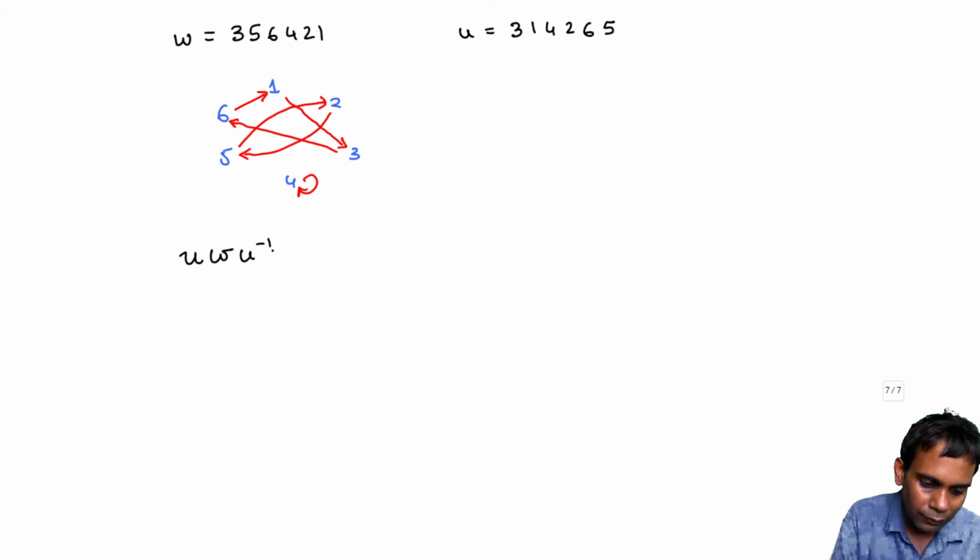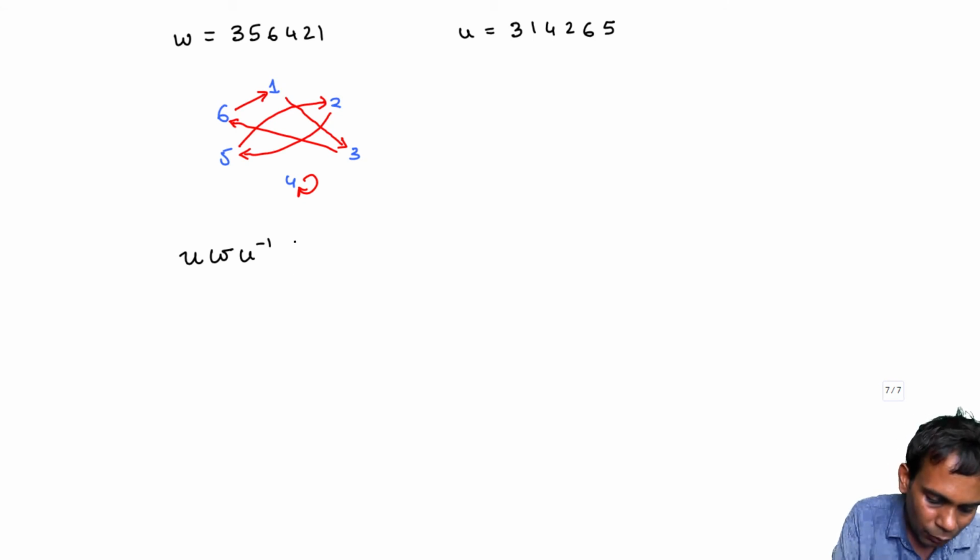Let's look at what happens to U W U inverse. We need to figure out what it does to various elements of the set 1 to 6.